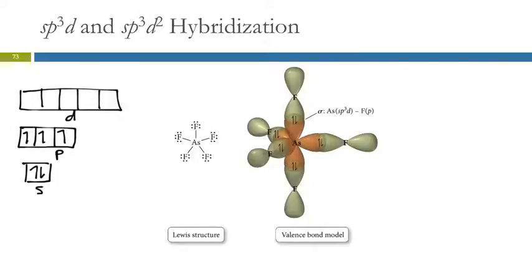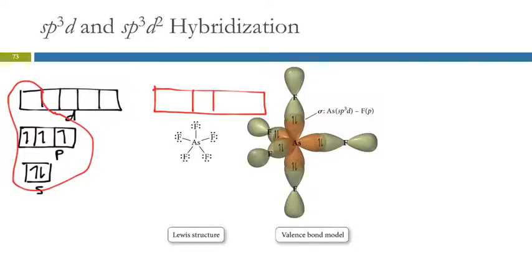But it's going to hybridize. It's going to include a d orbital, and so it's going to make sp3d. So that's going to have 5. And then what's left is there's going to be 4 d orbitals left unhybridized. So that's the d, and this is the sp3d.